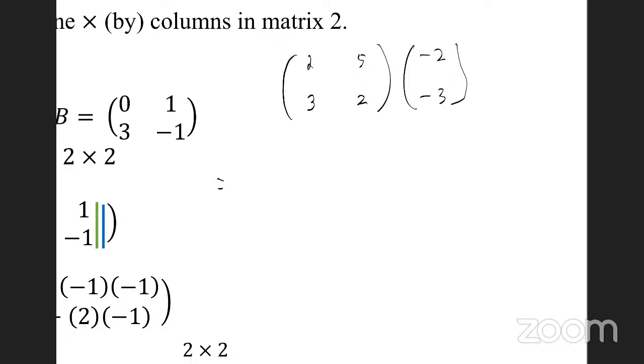Multiply those two. Same principle, row, all the columns. Next row, all the columns. Okay?